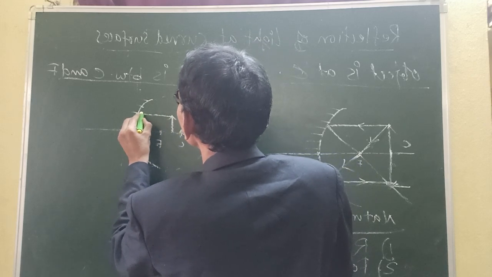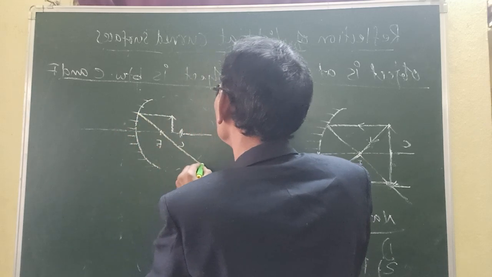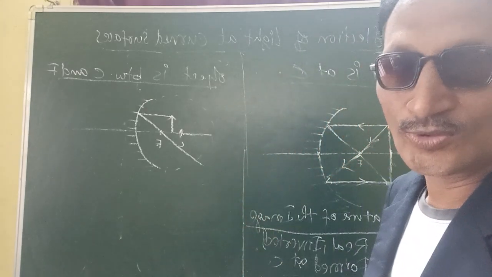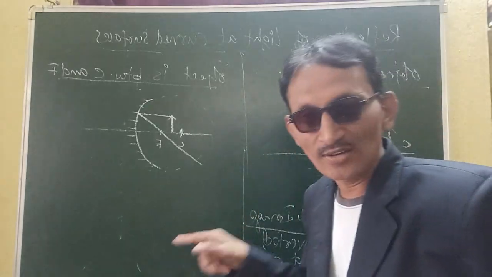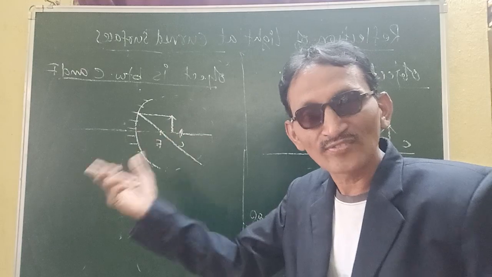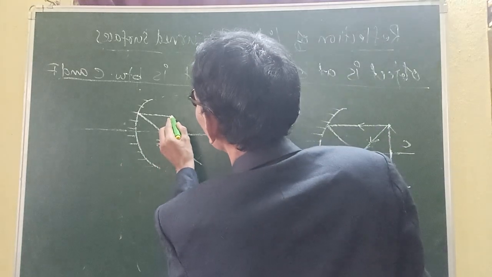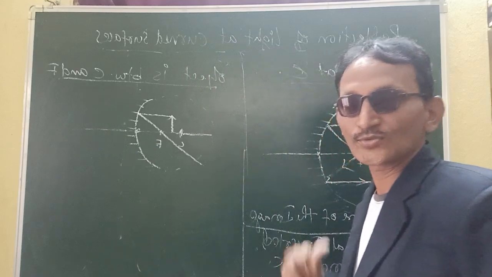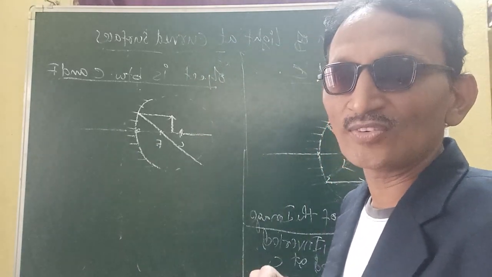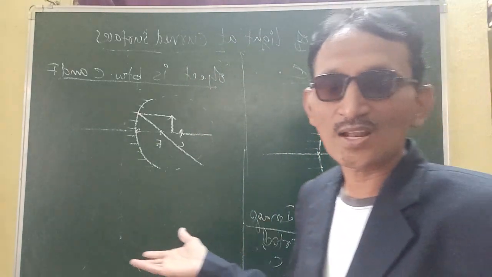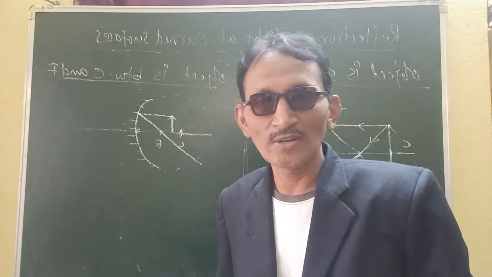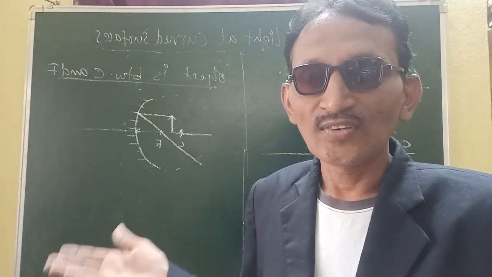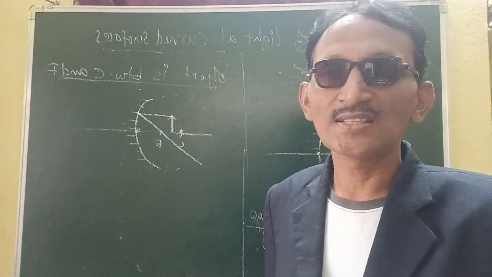A parallel ray always passes through the focus. A focus ray always goes parallel after reflecting. So you take one parallel ray, or you can also take the ray from the pole, so that the angle of incidence is equal to the angle of reflection. It follows the laws of reflection of light. You know very well that the incident ray, reflected ray and normal all lie in the same plane.